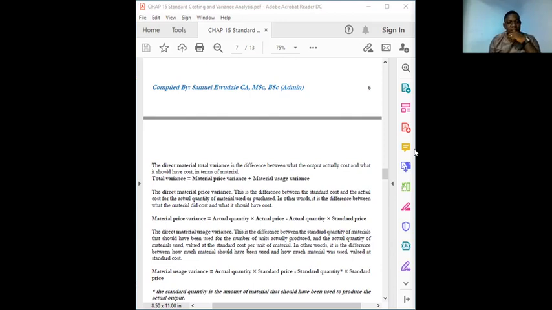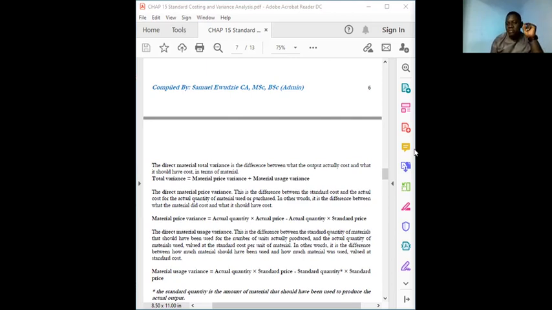Now, we are looking at how to determine each one of these. The direct material price variance is equal to the actual price minus the standard price, measured at the actual quantity. Because you're looking at price variance: what was the standard price?